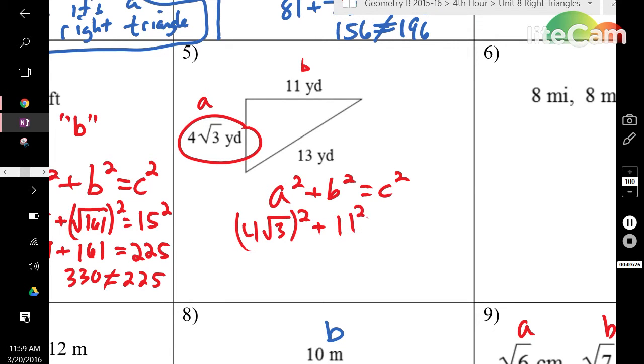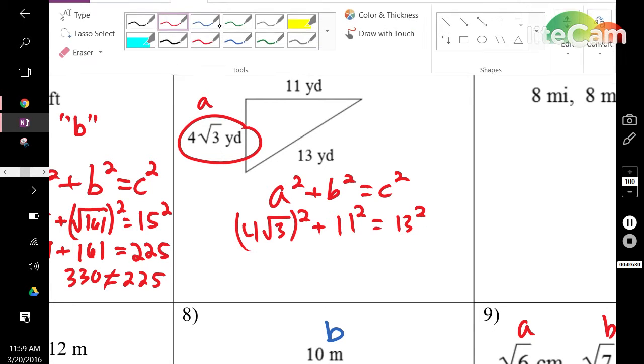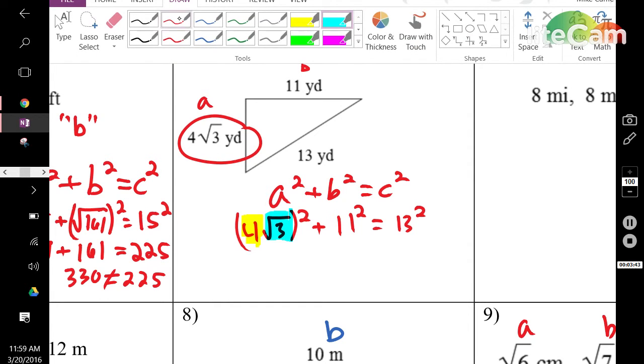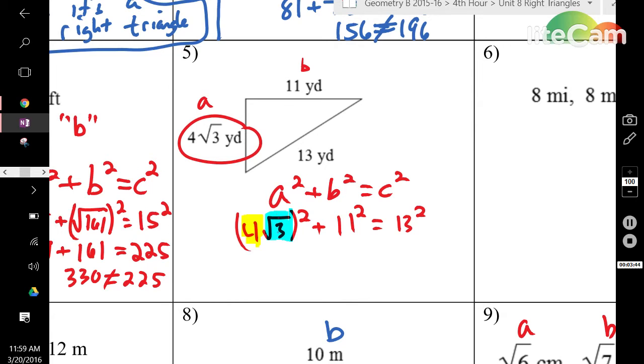B is going to be 11 squared, and C is going to be 13 squared. Now, like I was saying before, the 4 gets squared, as well as the square root of 3 gets squared. Most common mistake students make is that they apply the square to one or the other, but not both.